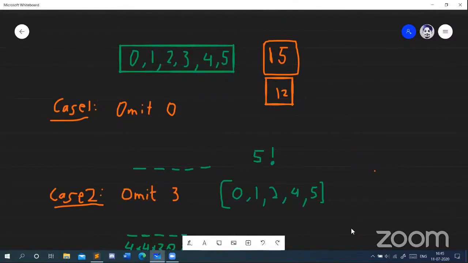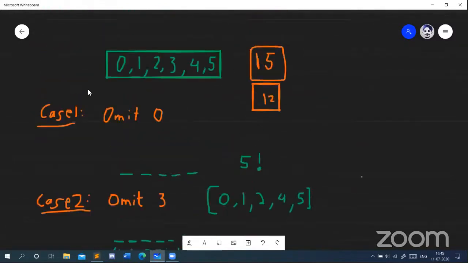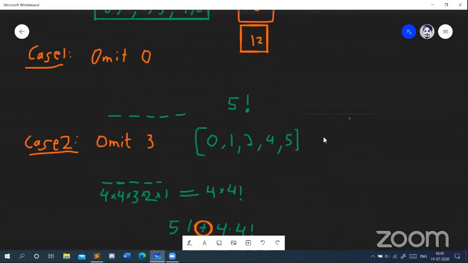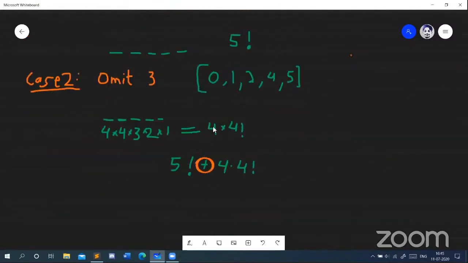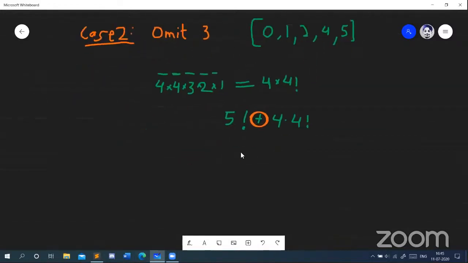Exactly, these are disjoint events. And therefore, fundamentally, I split my event into two disjoint events, and therefore I use the addition operator to count their cardinality. I hope this part was clear.